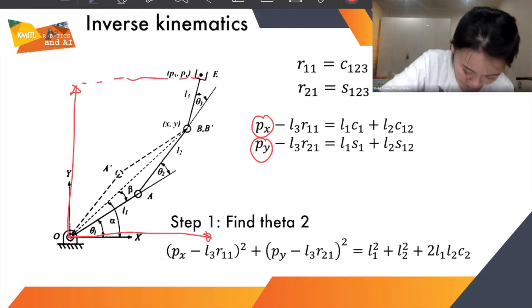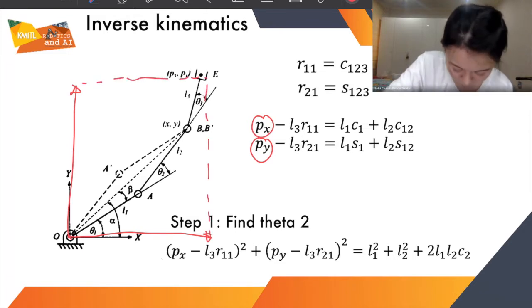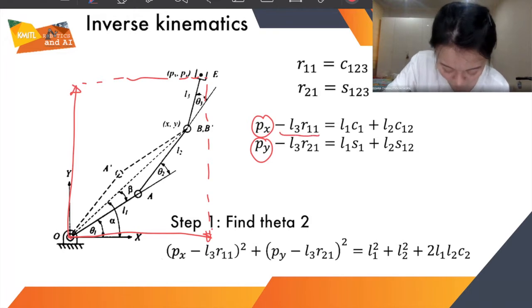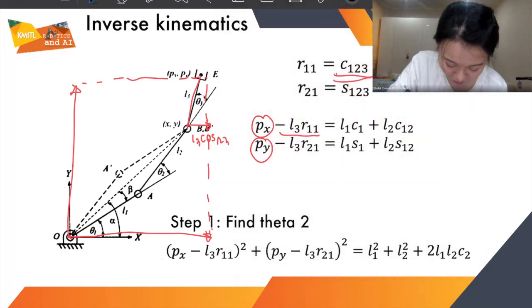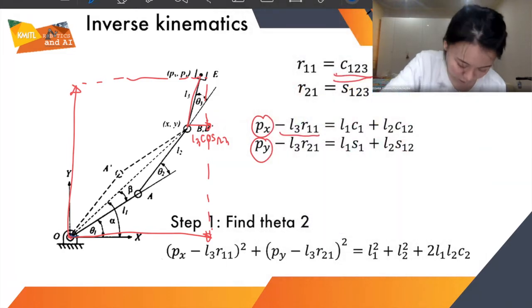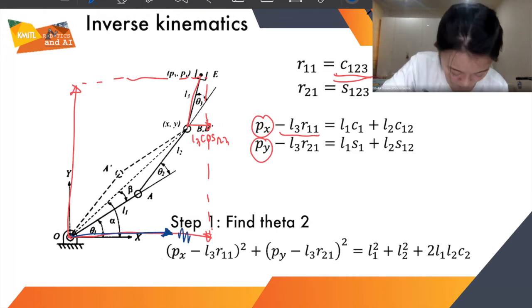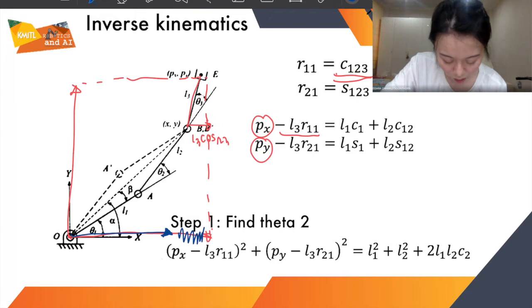So if Px minus L3 R11, where R11 is cos 1, 2, 3, so L3 cos 1, 2, 3 is here, and this one minus this one, we get this one, because we cut it off.